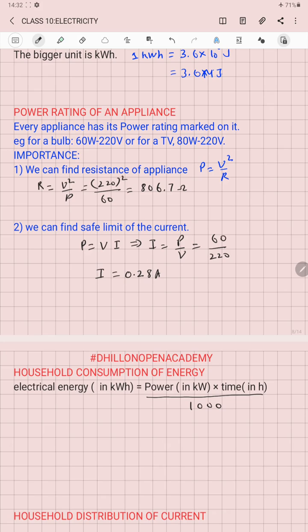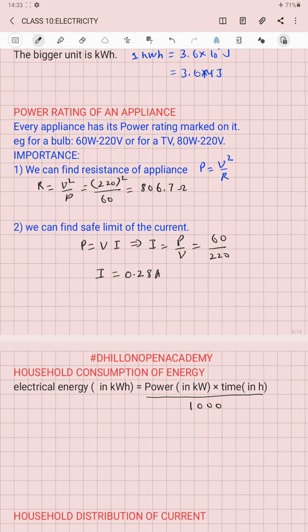So for calculating the consumption in kilowatt hour, we take the power of the appliance in watt, multiply it with the time for which it works in hour, and then divide it by 1000 to get electrical energy consumed in kilowatt hour.